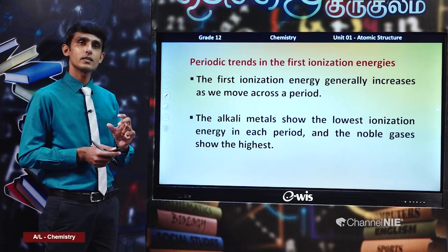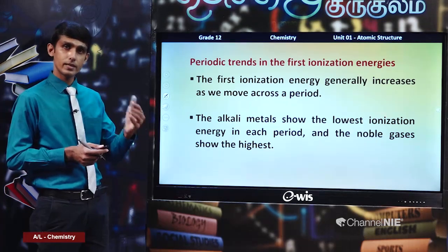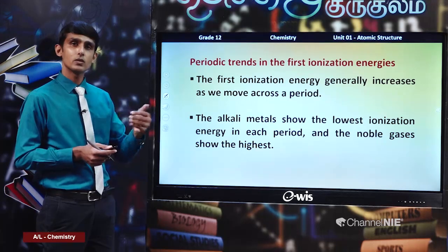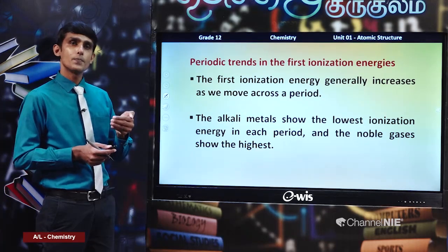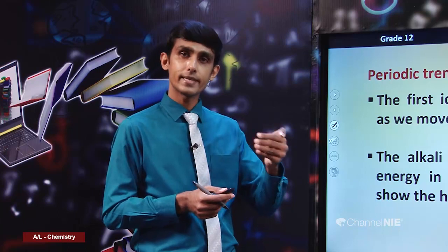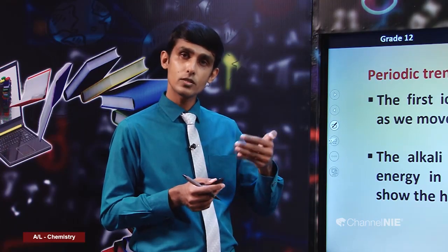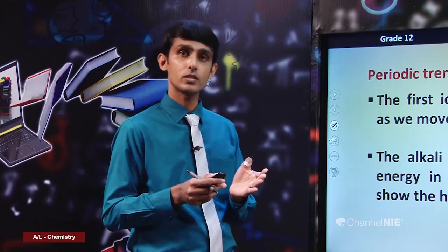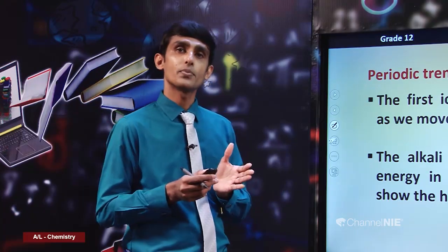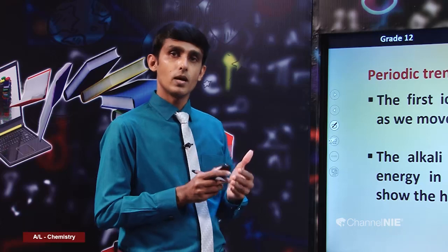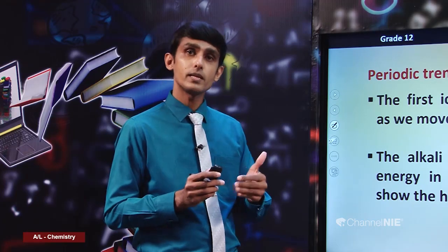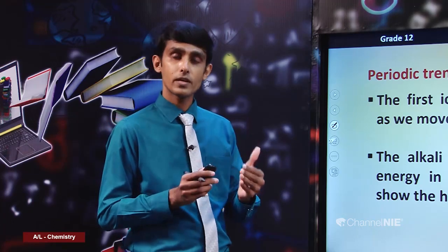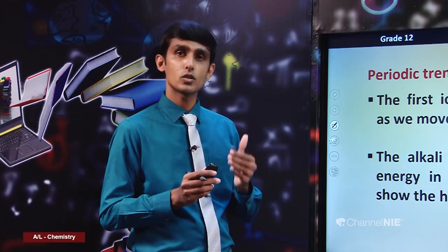Remember, we learned about the variation of the atomic radius. There also we learned that an increase in the effective nuclear charge causes the atomic radius to decrease. The same reason can be applied here also. Ionization energy increases across a period due to the increase of the effective nuclear charge.